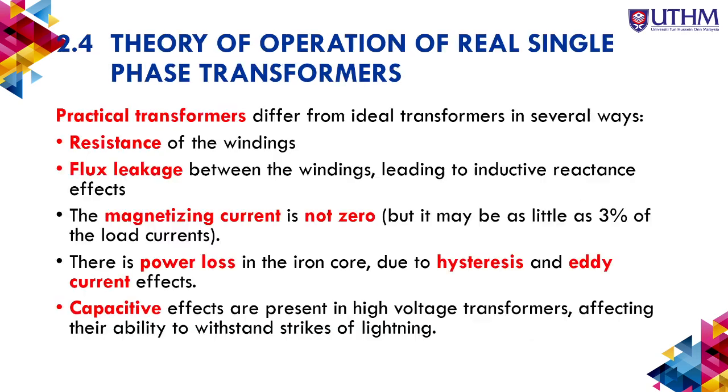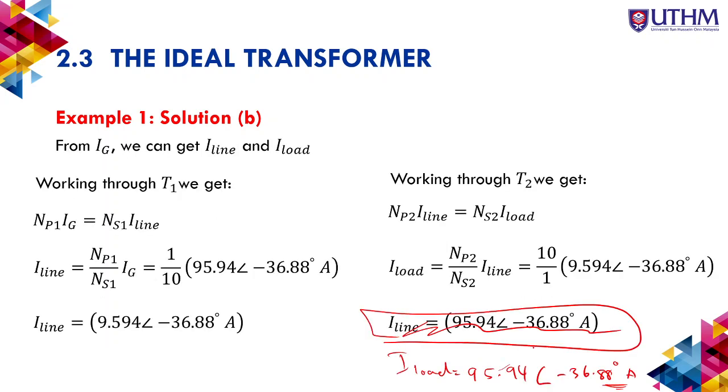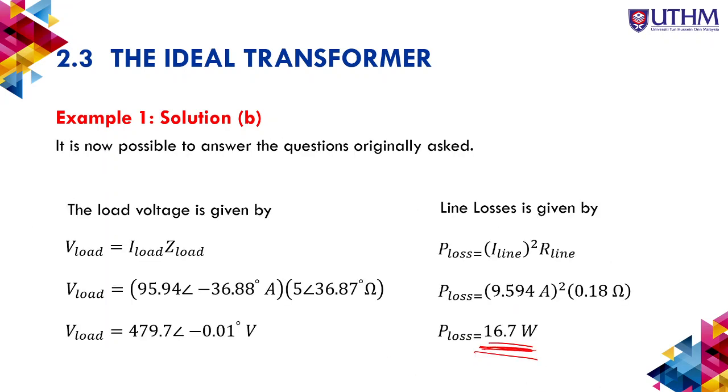From here we can see that the loss by using a transformer is lesser than without using the transformer. Before this, P loss is equal to 1484. So you can compare the loss. It is very high.